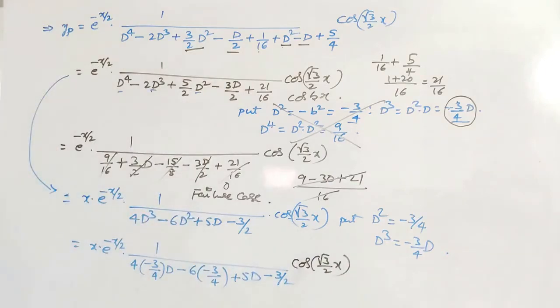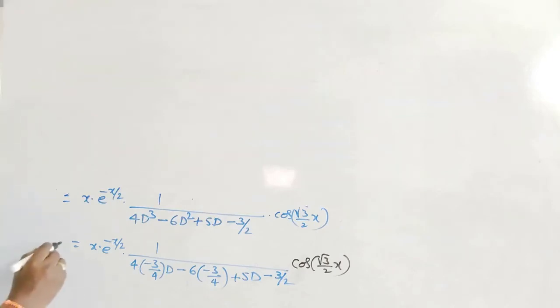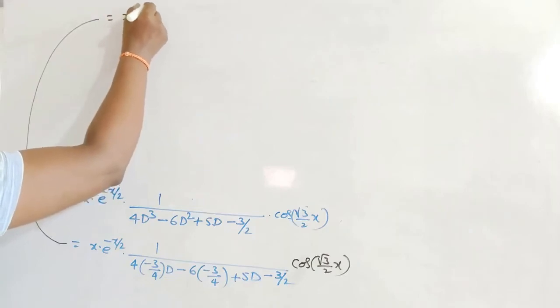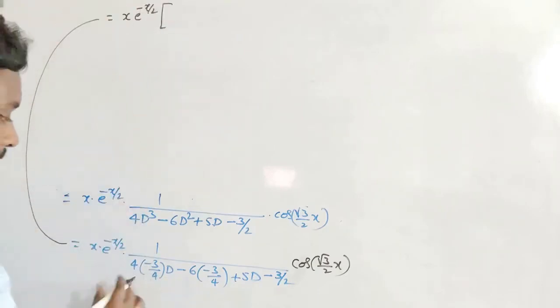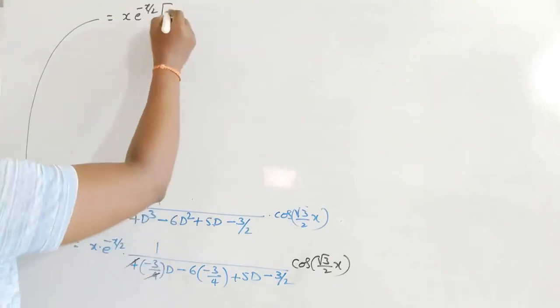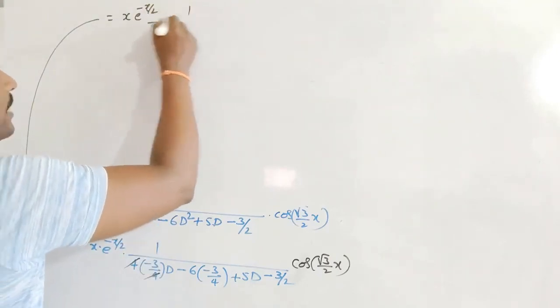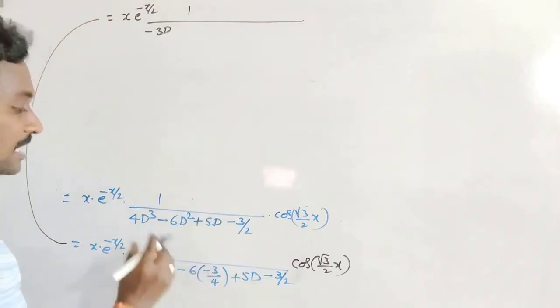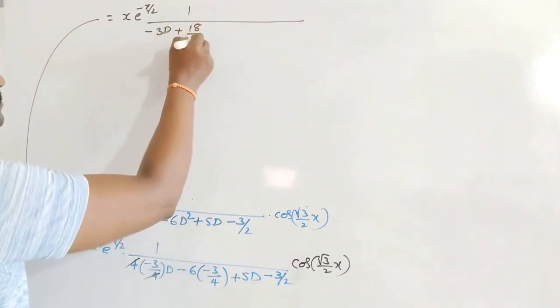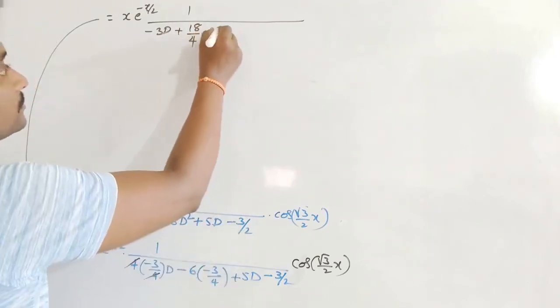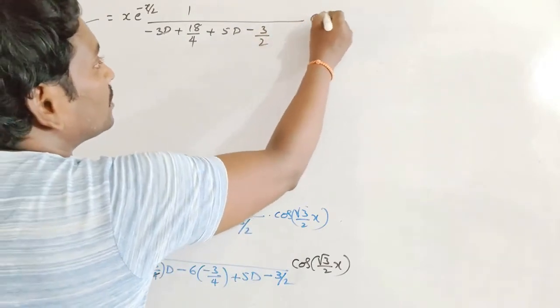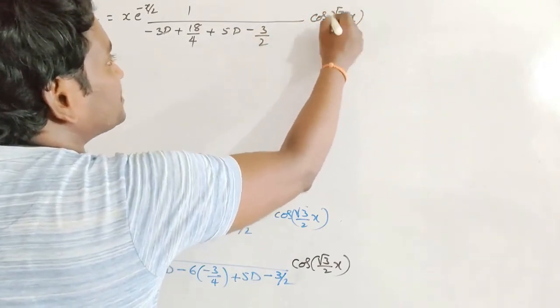Okay, now see the simplification in the top side. So this step becomes x into e power minus x by 2 whole into, this 4 getting cancelled, minus 3D, 1 by minus 3D is the remaining term in the first part, minus into minus plus 6 3s are 18 by 4 plus 5D minus 3 by 2 into cos of root 3 by 2 x.